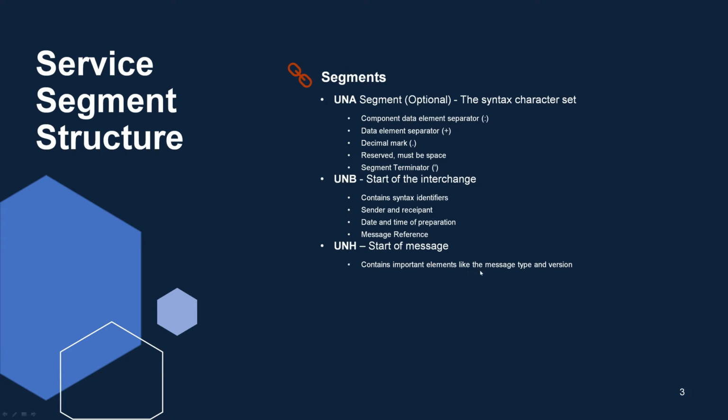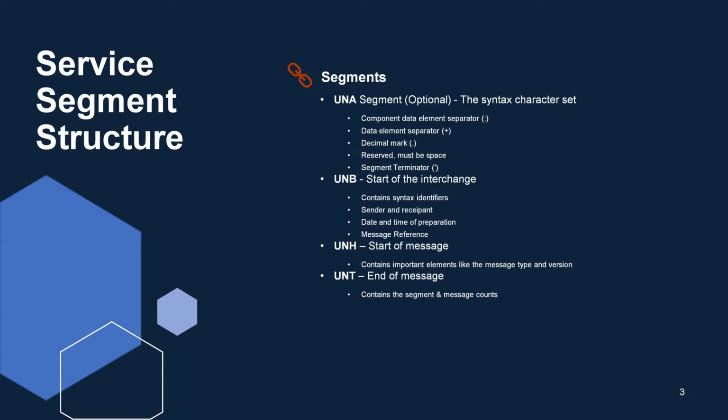So here you would have things like it's a PRODAT, it's an INSDES, and it's a D96, and whatever version of Edifact, because it's quite a fixed and prescribed format, you have to, within the UNH segment, declare the version of Edifact you're using. So it's quite strict in the elements and the format of the data you're sending.